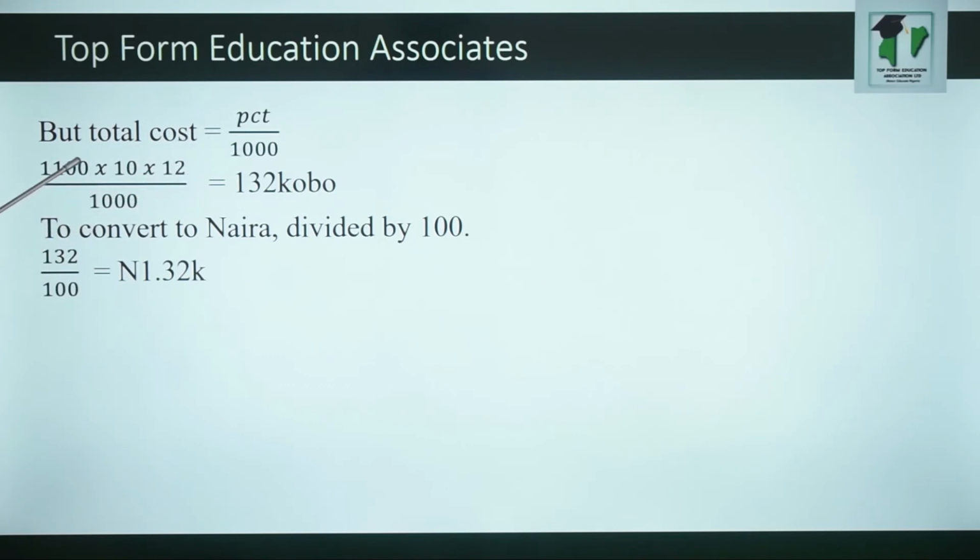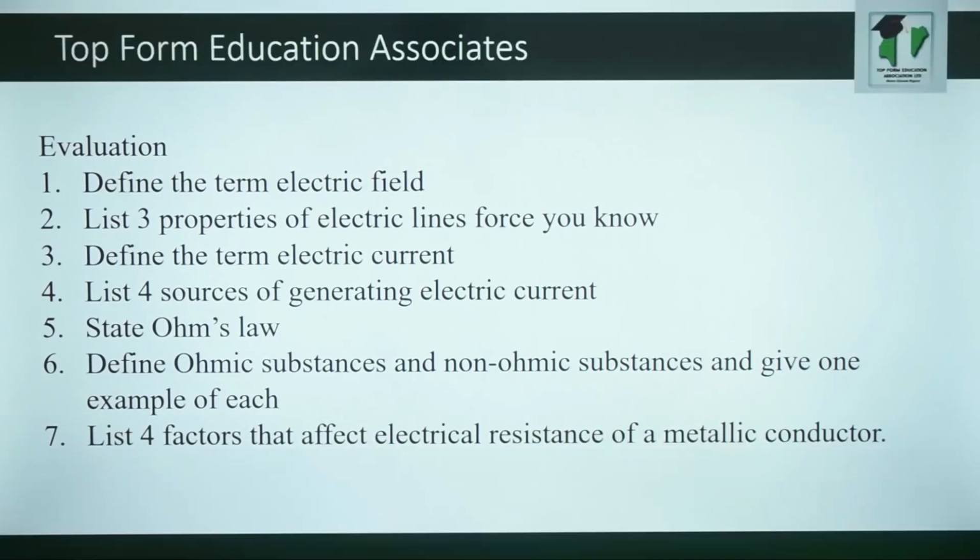So if you multiply out all these values here and divide by 1000, you have 132 kobo, which if you convert to naira, in converting to naira, you divide by what? 100. And that gives you 132 divided by 100, and that gives you 1 naira 32 kobo. Is that okay?